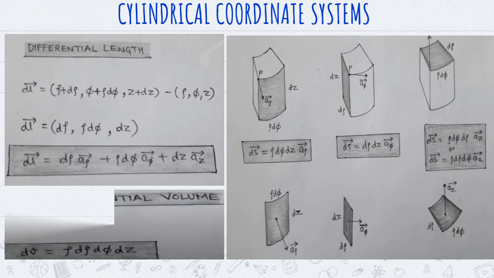As I already mentioned, the differential volume is the combination of all three sides. Therefore dV is equal to d rho into rho d phi into dz. If you arrange this properly, finally we get the formula dV is equal to rho d rho d phi dz. That's all about the differential elements of the cylindrical coordinate system.